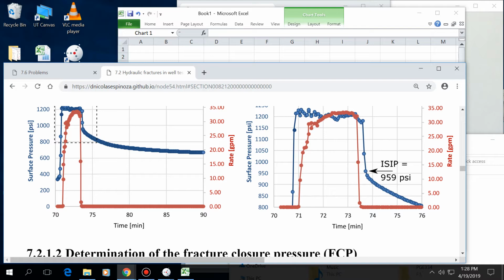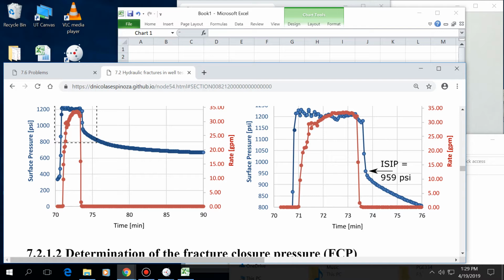So remember, this instantaneous shut-in pressure is the highest pressure right after the pumps are shut and the pressure starts to decay gradually. So now this one is a very abrupt decay, but when it starts to decay gradually, the highest pressure, that's going to be the instantaneous shut-in pressure.